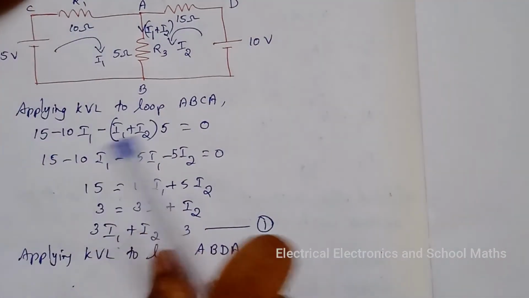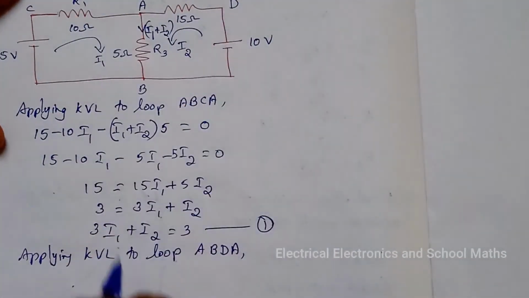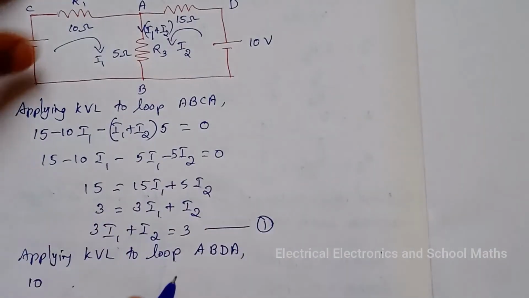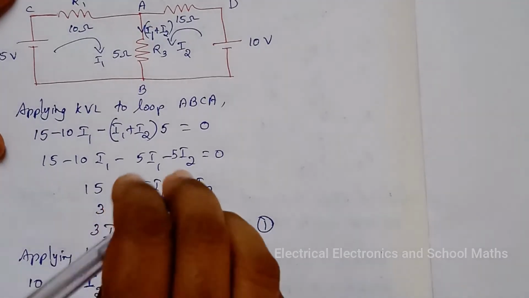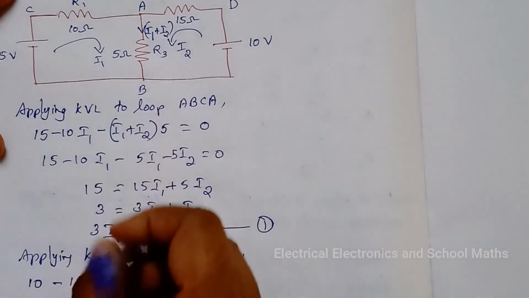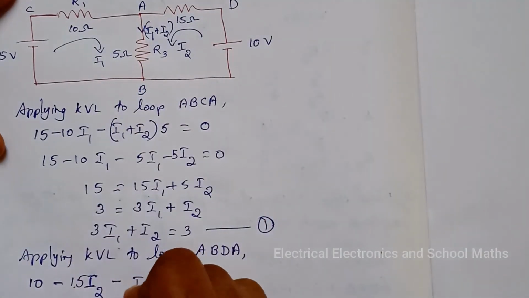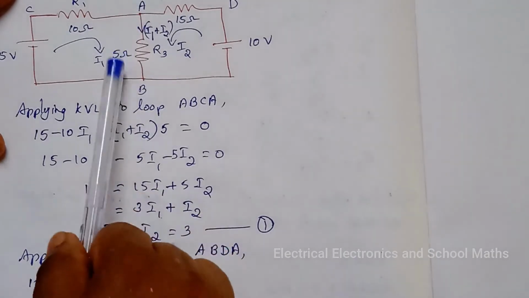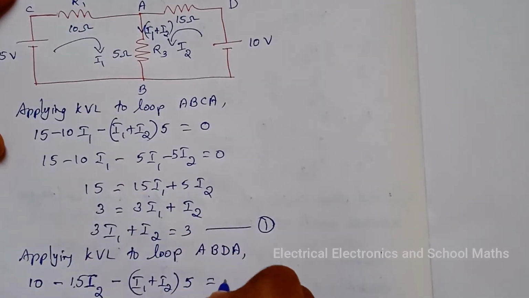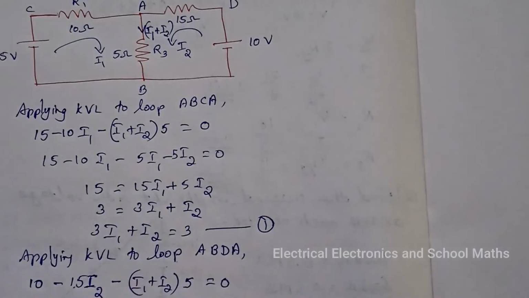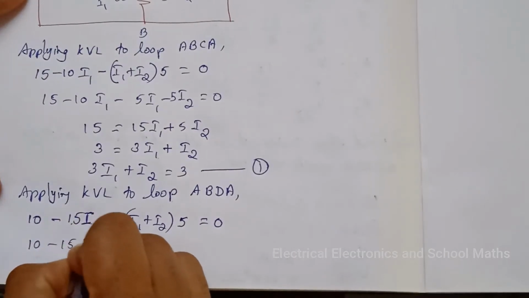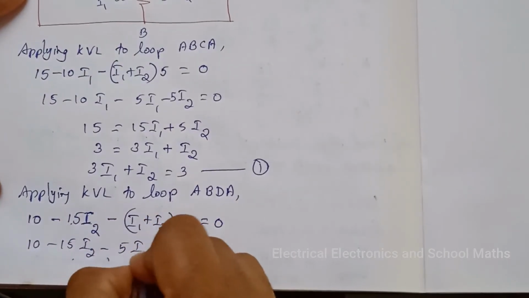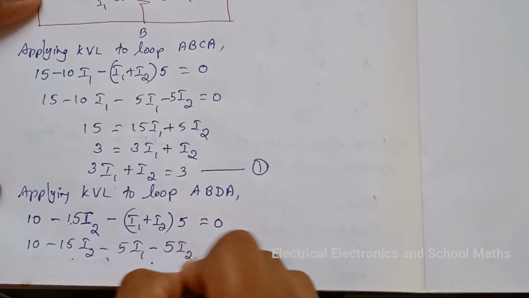Now applying KVL to loop A, B, D, A, we get 10 minus 15 I2 and through resistor R3 minus I1 plus I2 into 5 equal to 0. Now simplifying, 10 minus 15 I2 minus 5 I1 minus 5 I2 equal to 0.